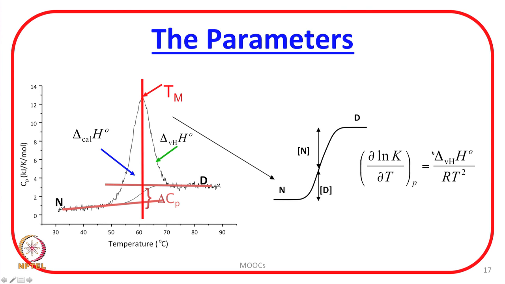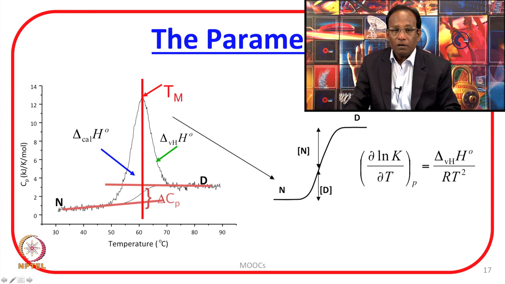And this Van 't Hoff enthalpy depends upon the shape, that is why the arrow is pointing out on the shape of the DSC curve, because the shape of the integrated form will depend upon the shape of the differential scanning calorimetric output. And Van 't Hoff enthalpy, which is obtained from the temperature dependence of the equilibrium constant, will depend upon the shape and hence will depend upon the shape of the differential scanning calorimeter.